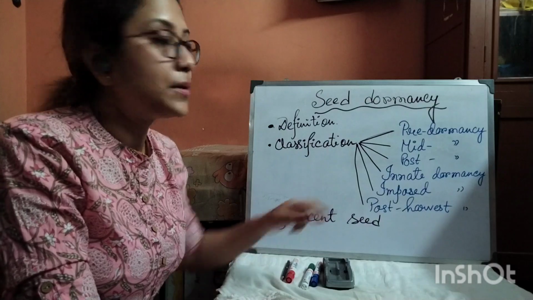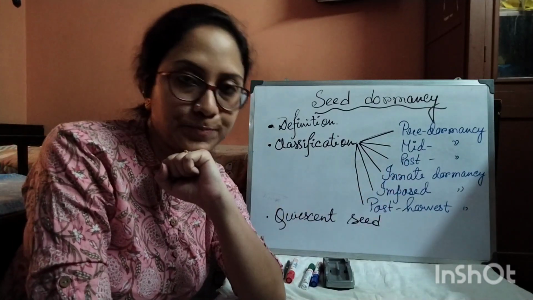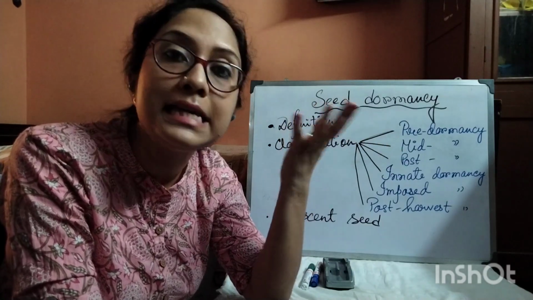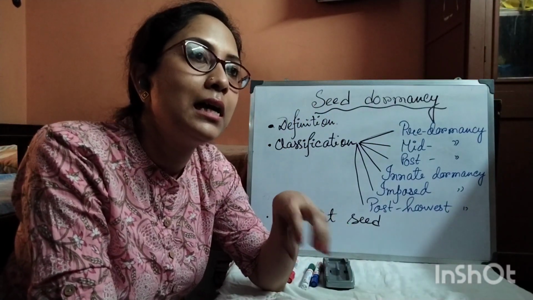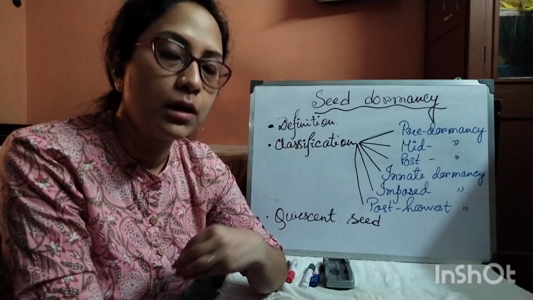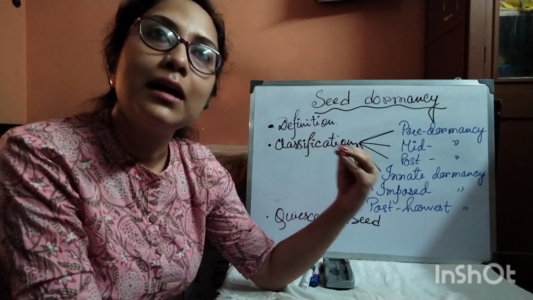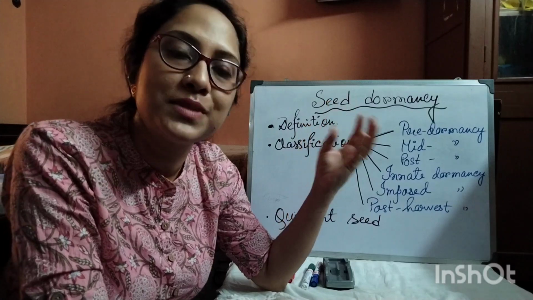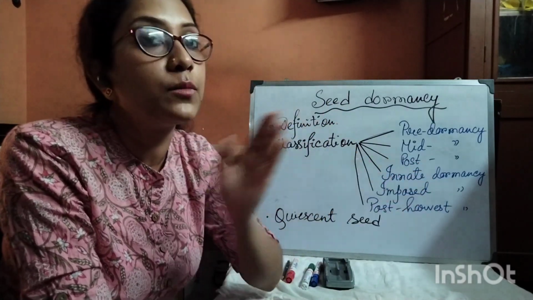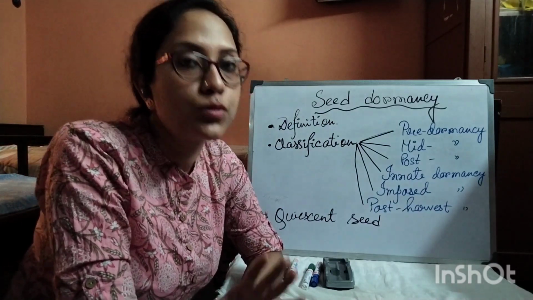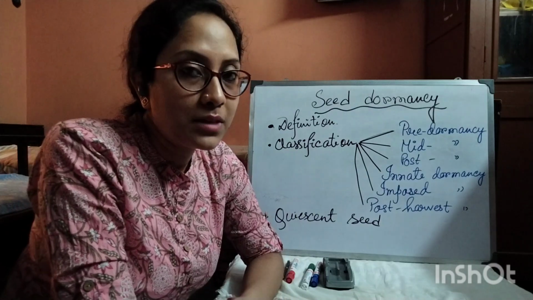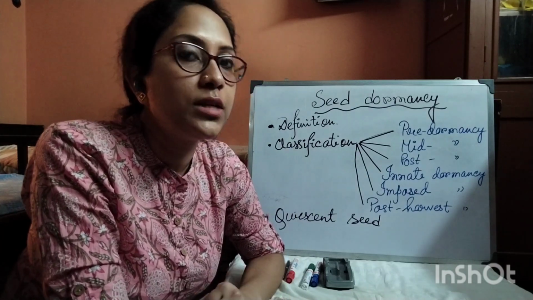Now coming to the next part, which is innate dormancy. What do you mean by innate? Innate means a situation already there within itself. If there is a higher concentration of abscisic acid present within the seed, then, as in the previous class you all can recall, gibberellin and abscisic acid are antagonistic to each other.